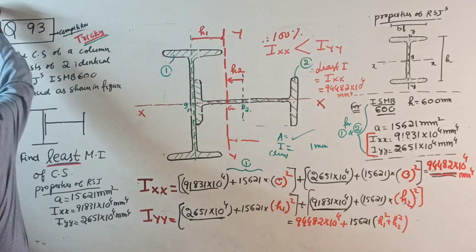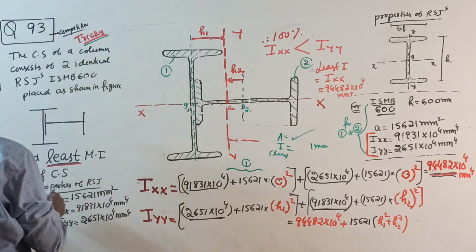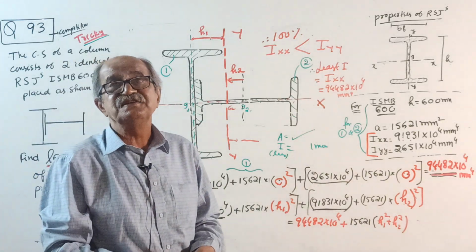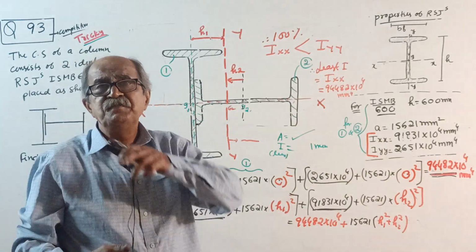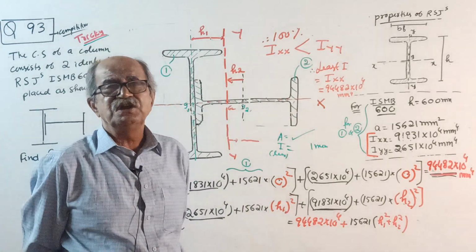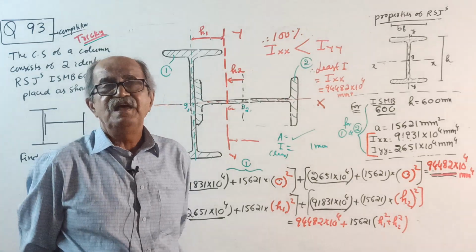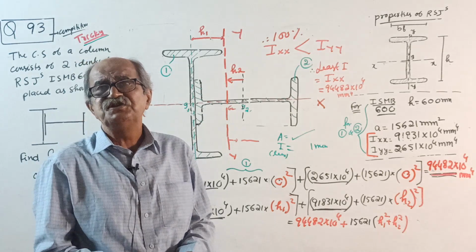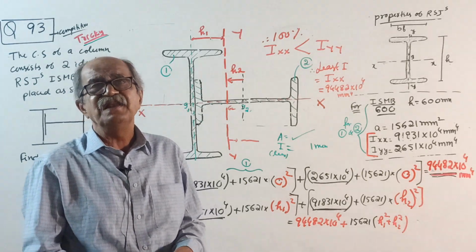93 over, next 94, I'll make a note here. Next class is very, very important: channel sections, where one axis is symmetrical and the other is not. Maximum questions on columns in examinations, steel structures, are given for channels and then angles.